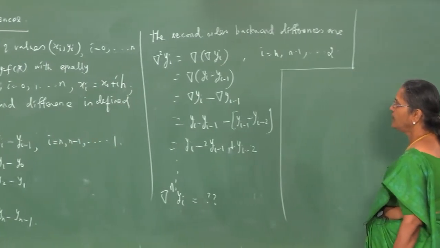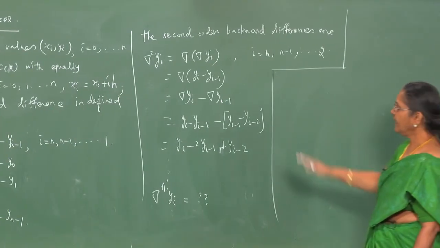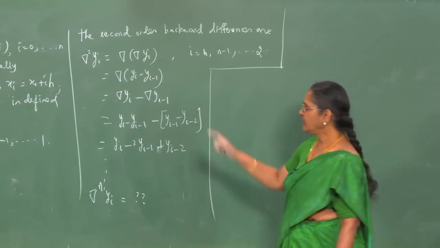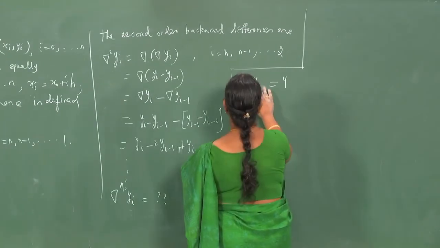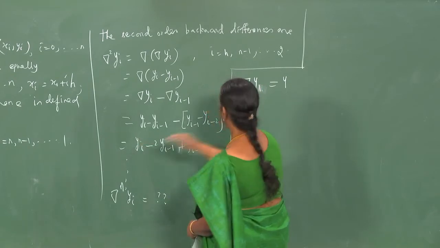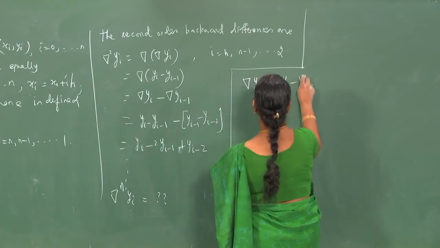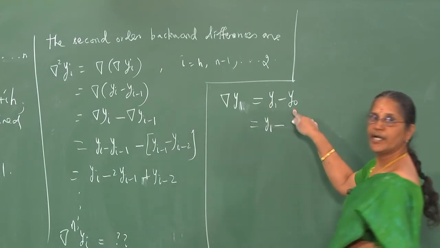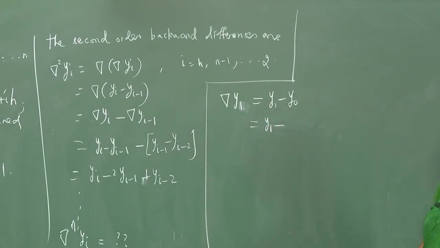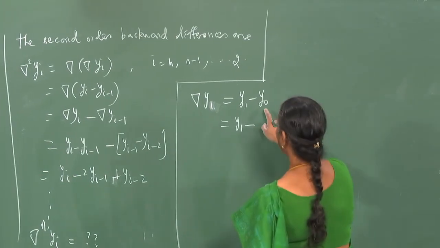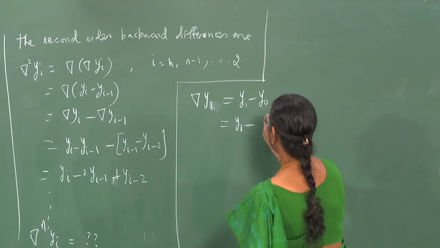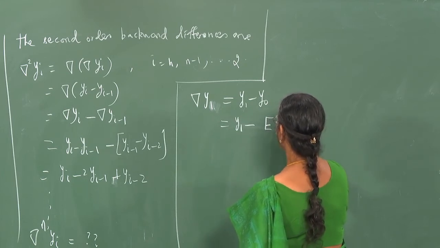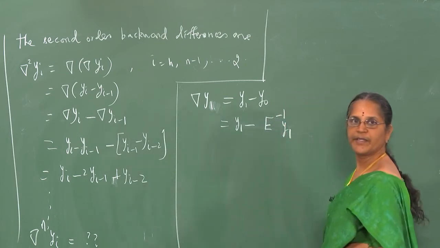We would like to see whether there is any connection between this backward difference operator and the shift operator. Delta on y1, that is y1 minus y0. Write y0 in terms of the shift operator. So, what is y0? I can obtain y0 when e to the minus 1 operates on y1.